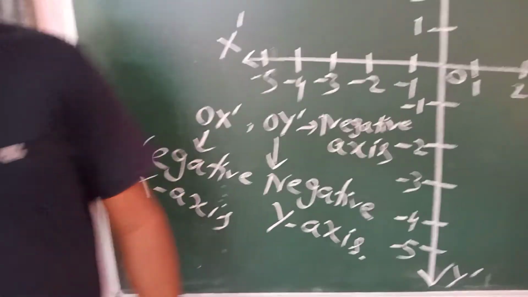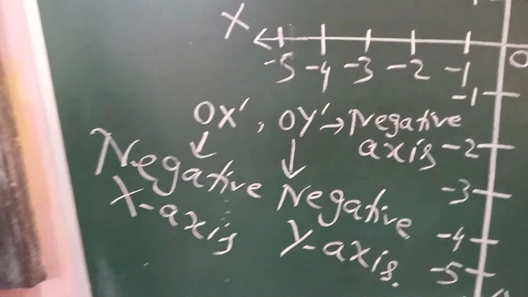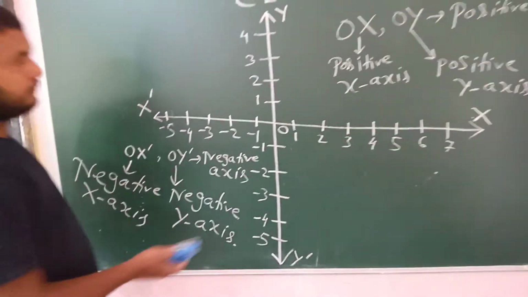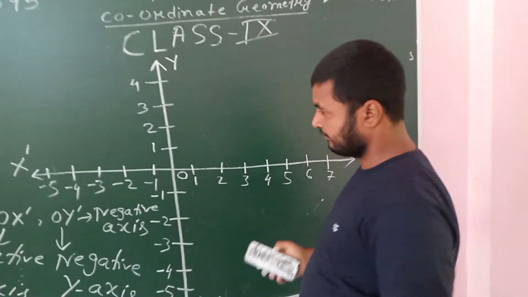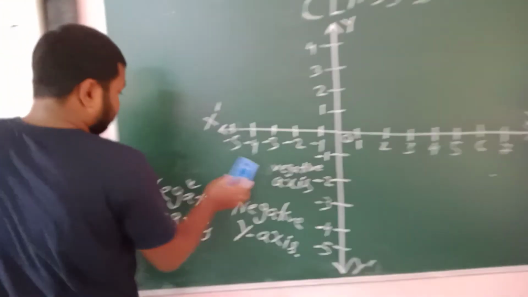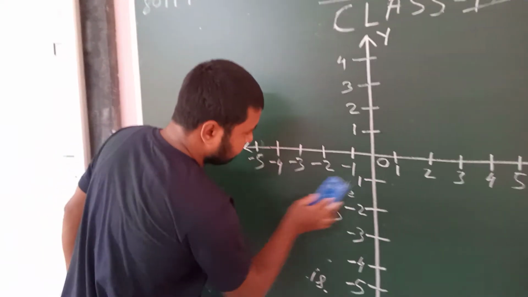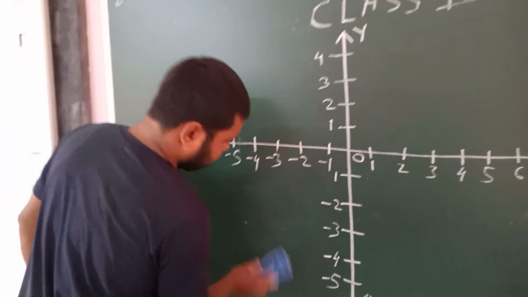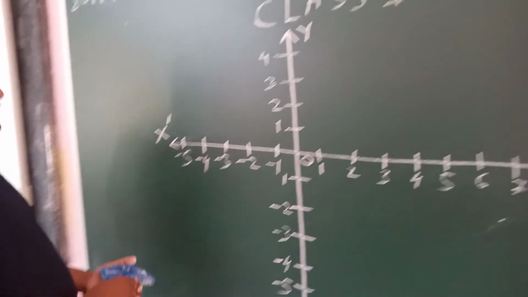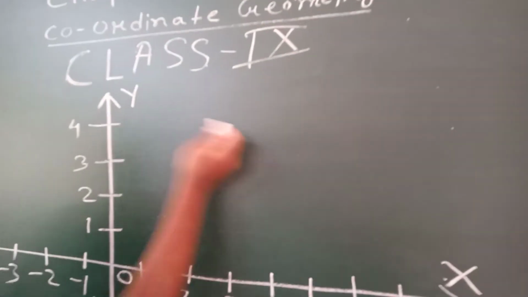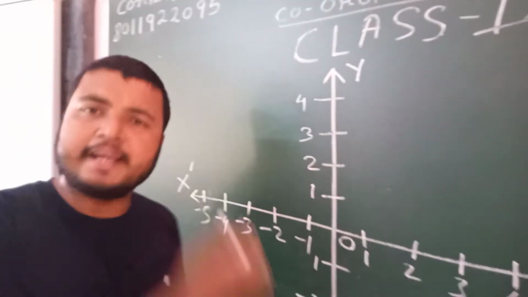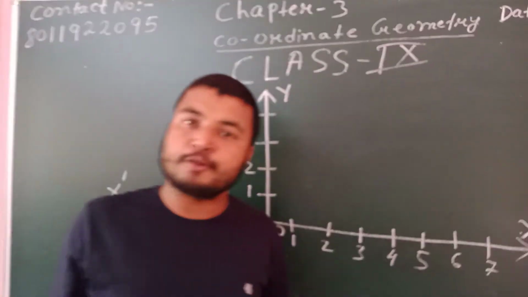Now you have seen that this is a plane, this blackboard is a plane. This plane is divided into 4 quadrants.